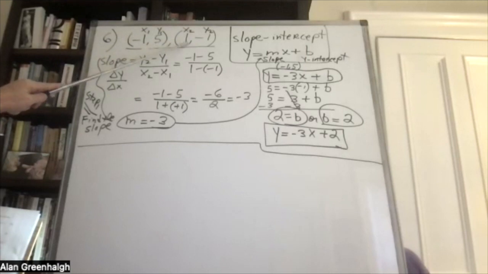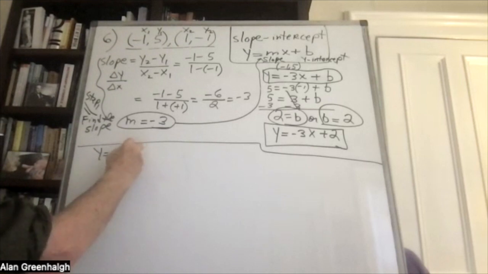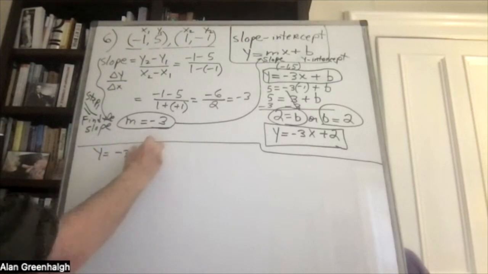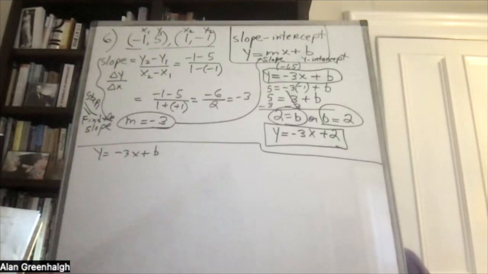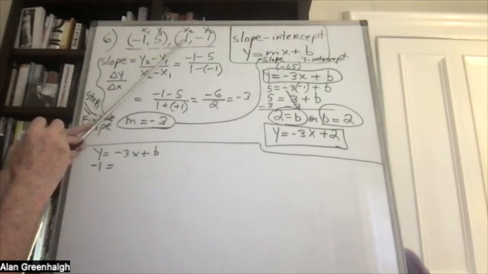I could have avoided this altogether and just used that one. You know, I would have said y equals -3x plus b, and then said in place of y, I'm gonna use the -1, and in place of the x, I'm gonna use the 1.